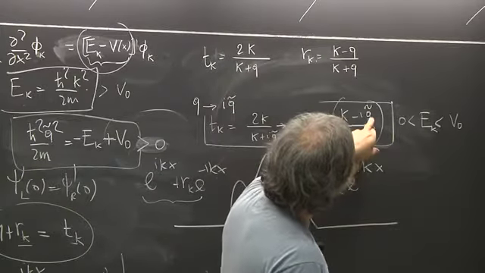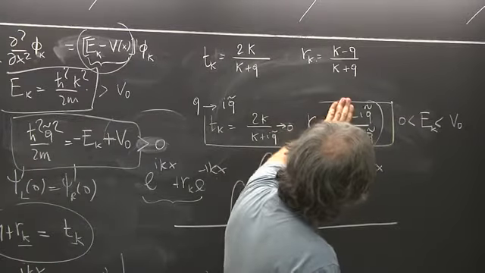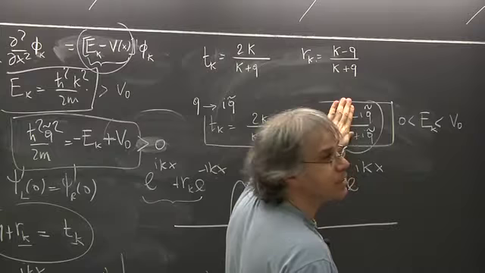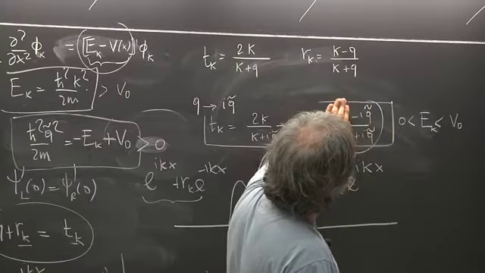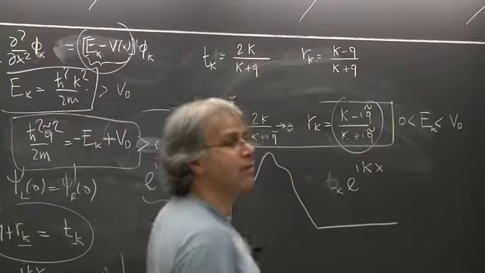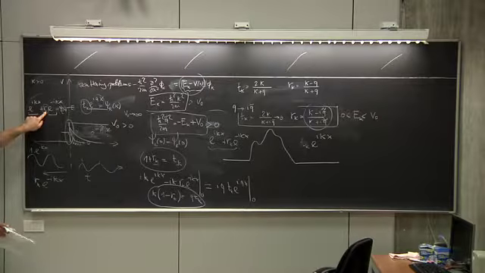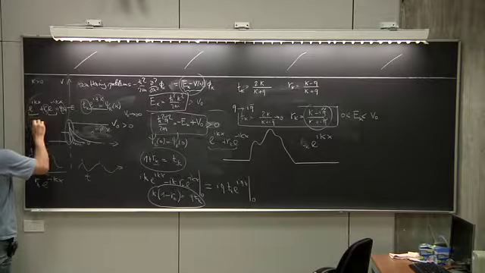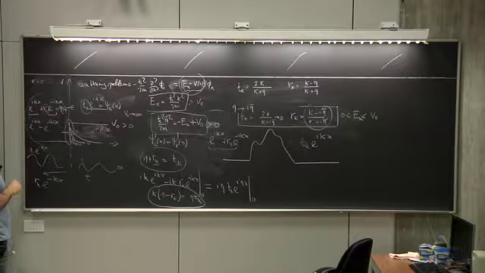But notice, if Q tilde dominates and becomes very large with respect to K, you can essentially forget about this. And what you have is what? The i and the i cancel. The Q and the Q cancel. Just minus 1. Okay? The reflection coefficient becomes minus 1. What does it mean, minus 1 here? It means that in the limit V0 going to infinity, the wave function becomes this, which is a sine, okay?